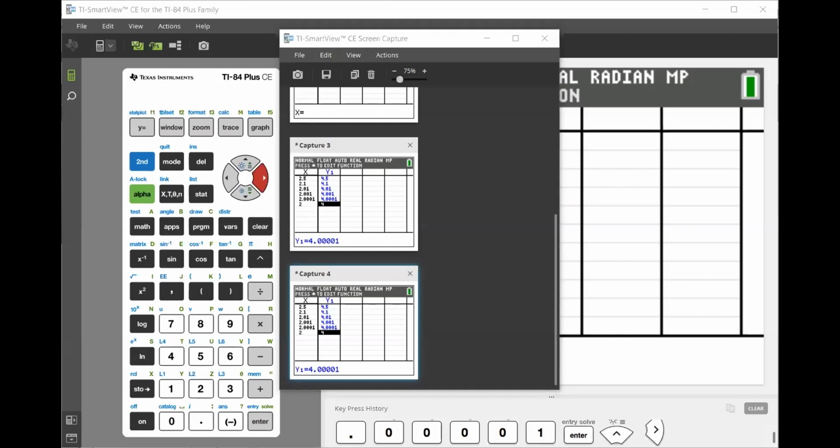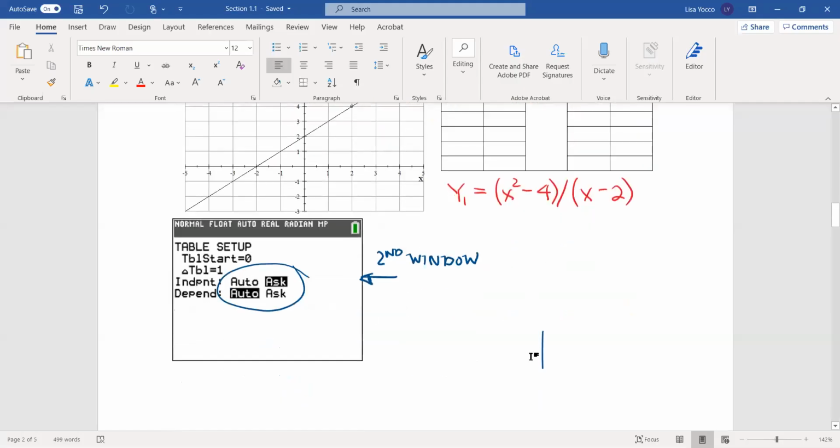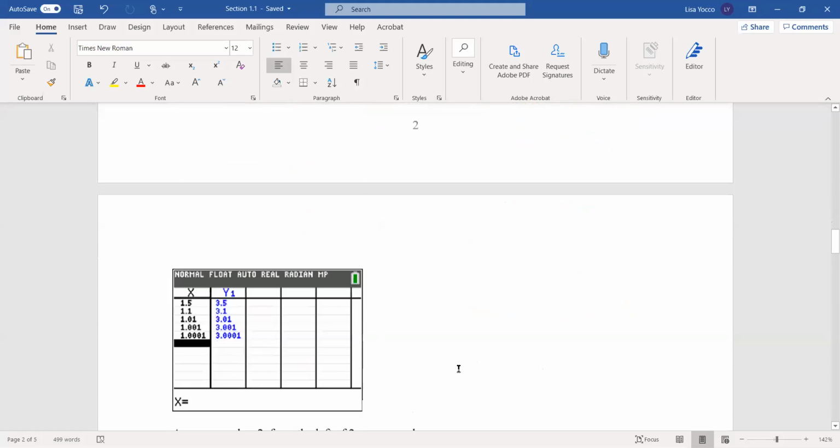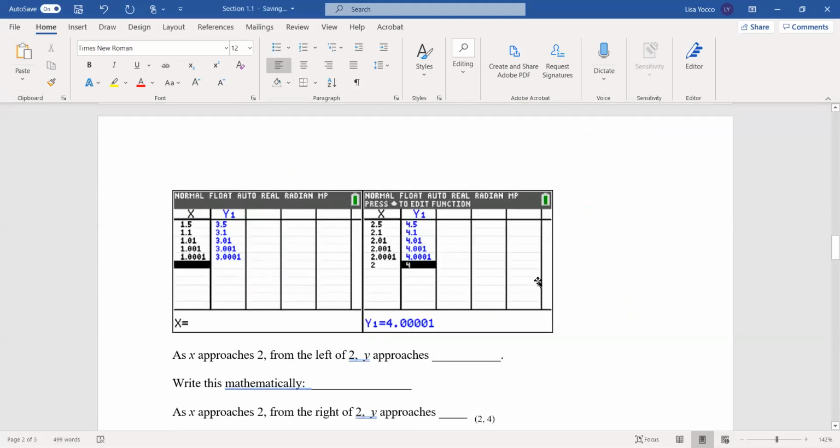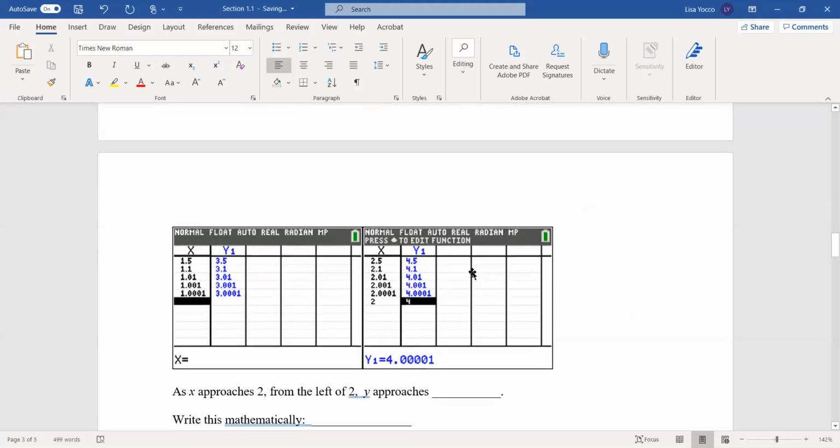Professor, I have a question. Okay, I'm listening. So I put in exactly what you did, but when I got to 2, mine says error in Y1 column instead of 4. Oh, okay, well, I didn't put in 2. I never put in 2.